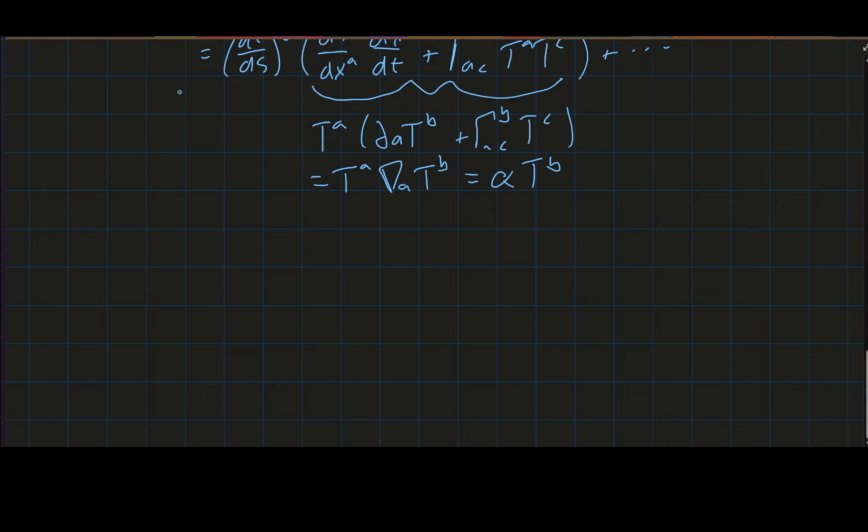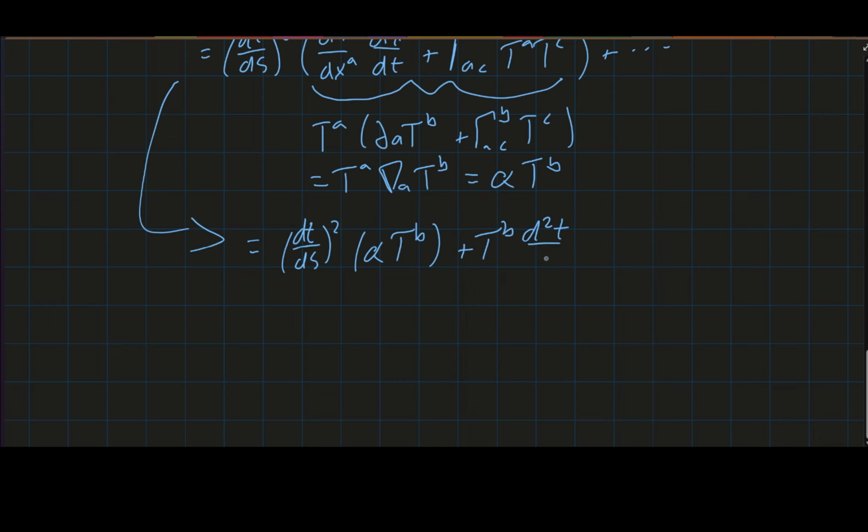So therefore, we can rewrite our entire expression down here. It's going to be dt by ds squared times alpha T^B plus that last term, which was T^B d squared t by ds squared.